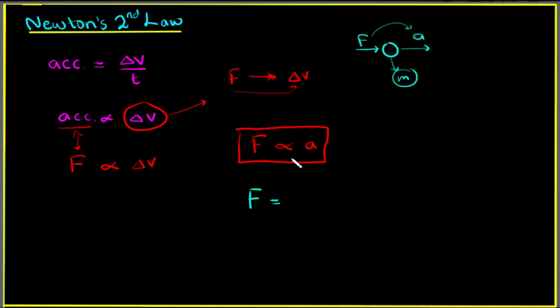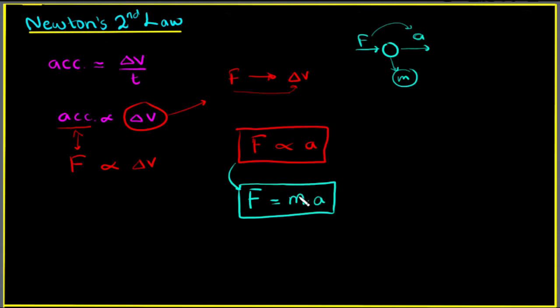So whenever we change a proportionality to an equality, we have to take into account something that needs to stay constant. In this case, the mass of that thing needs to stay constant. So we just take the product of mass and acceleration, and we conclude that force should be equal to mass into the acceleration.